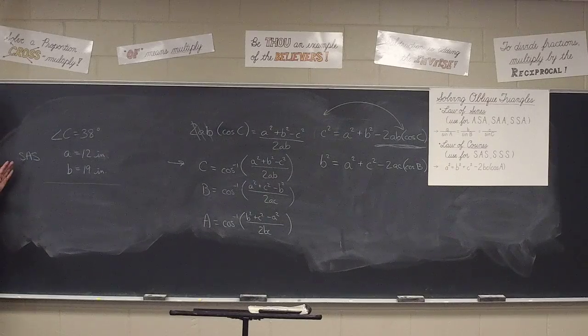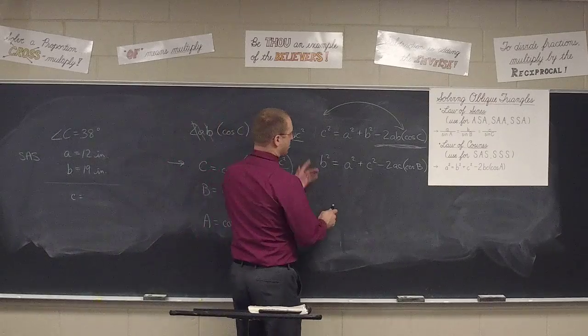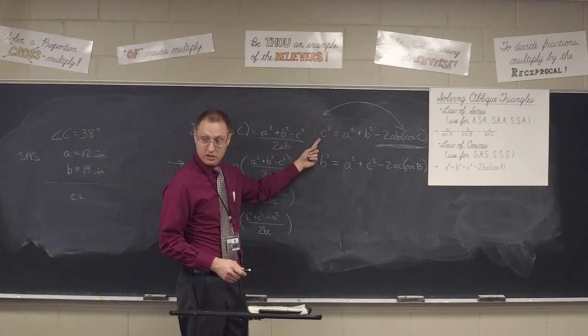And so we're going to start off by solving for the one missing side. You might want to jot that down. In side angle side, always start by finding the missing side. You already got 2, you might as well get the 3rd. The missing side here, of course, is side C. So we're going to go to the law of cosines that's set up for side C. That's this one here.